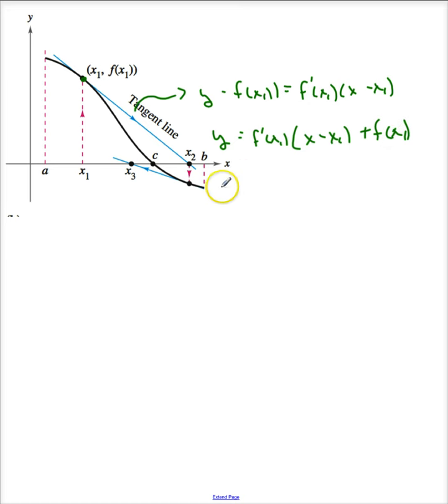Now, if I were to let y equal 0, this should show me that my x value is going to be x1 minus the functional value of x1 divided by f prime at x1. So from this first estimate of x1, I actually have just found an x2.